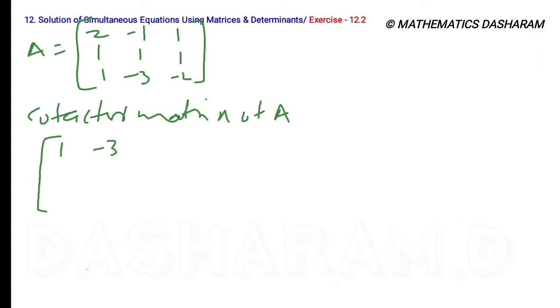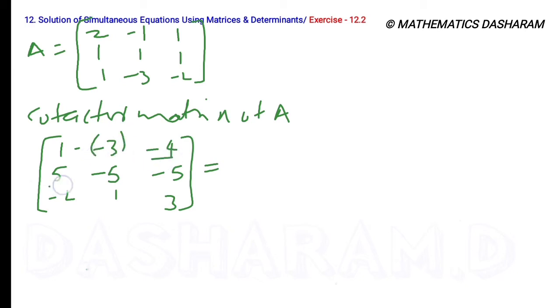Next, similarly replace all elements with their respective determinants. After finding the respective determinants of each element, now change the signs in the cofactor matrix. So here plus, next minus, next plus, next minus.